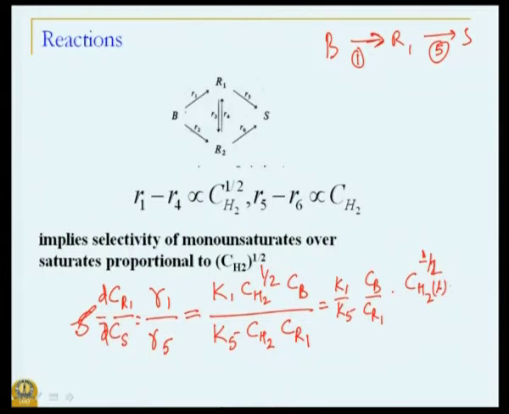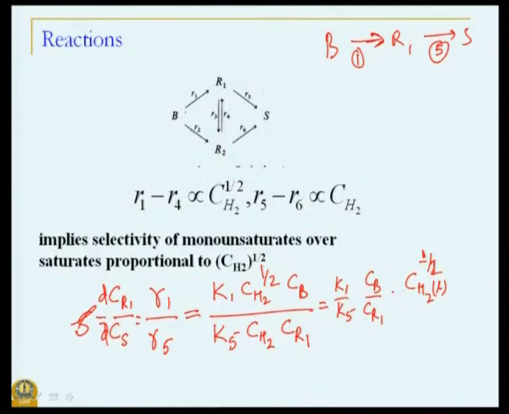Okay. So, what does it mean? It means that if you want higher selectivity of R1 over S, then the concentration of hydrogen should be lower, otherwise you will get results differently.